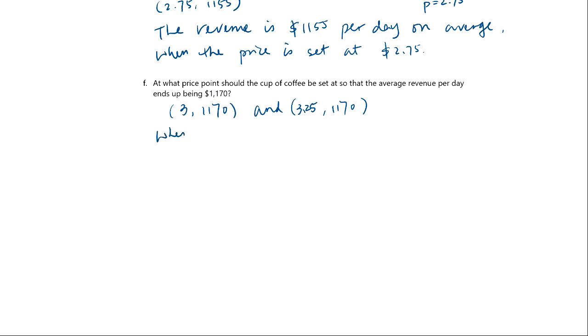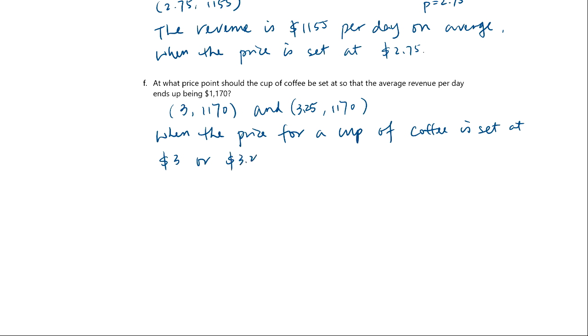So we can say when the price for a cup of coffee is set at $3 or $3.25, the total revenue is going to be our goal, $1,170 as the result.